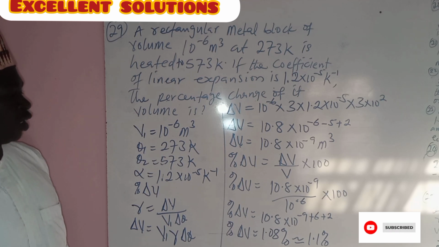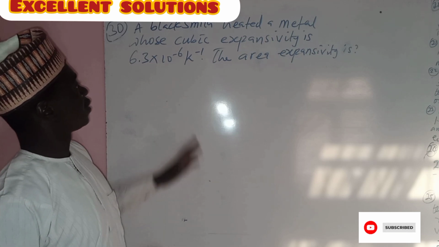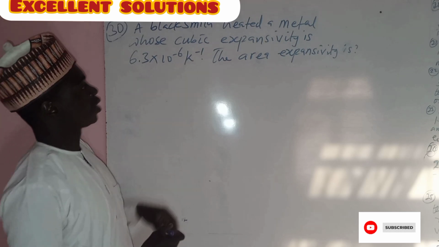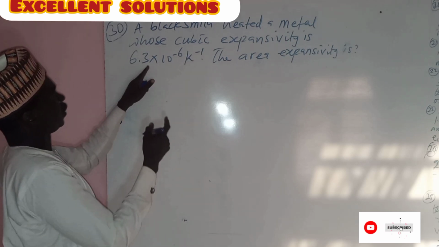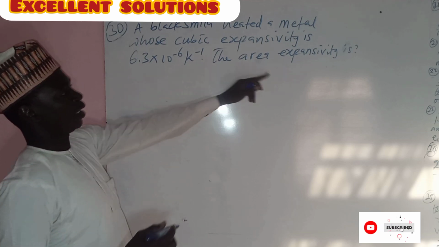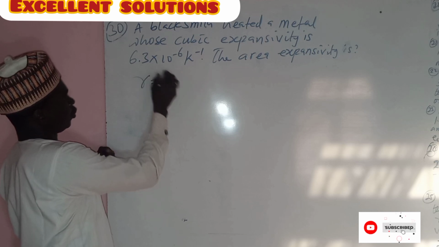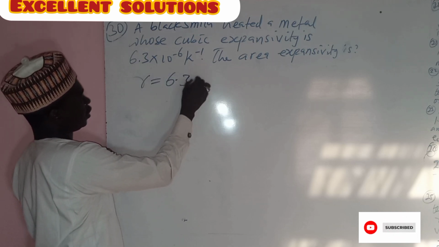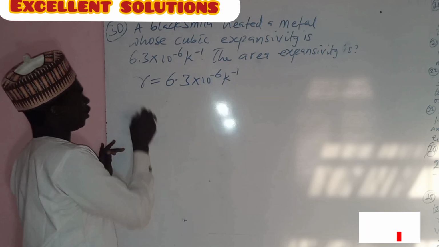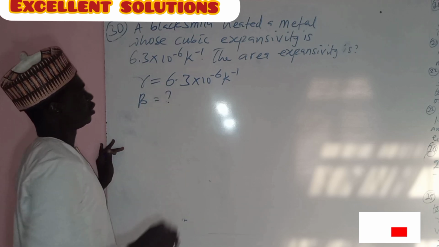The answer is B. The next question is question 30, and this question says a blacksmith heated a metal whose cubic expansivity is 6.3 exponential minus 6 per Kelvin. The area expansivity is, so we were given gamma, cubic expansivity is 6.3 exponential minus 6 per Kelvin, and we are asked to look for area expansivity, which is beta.